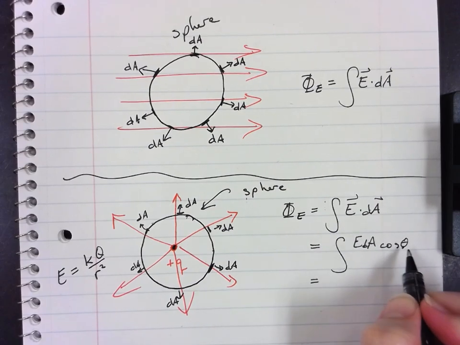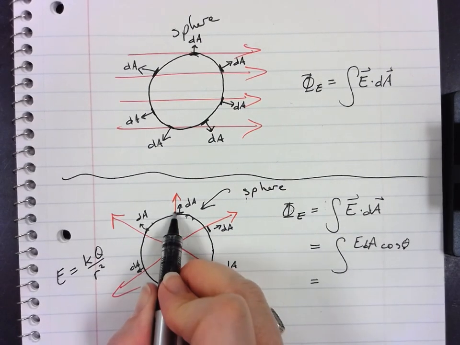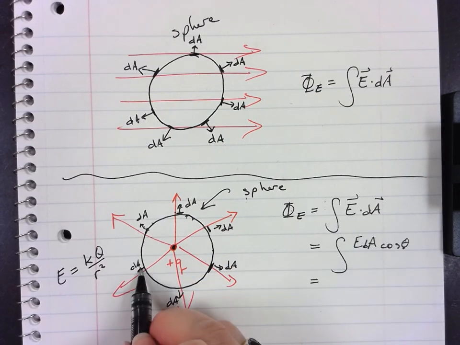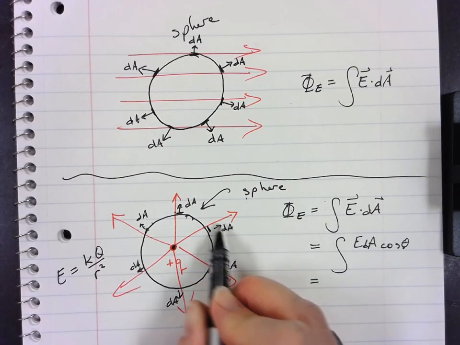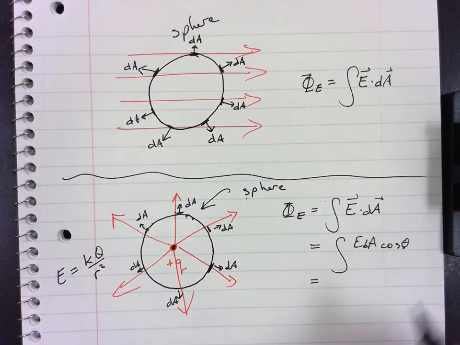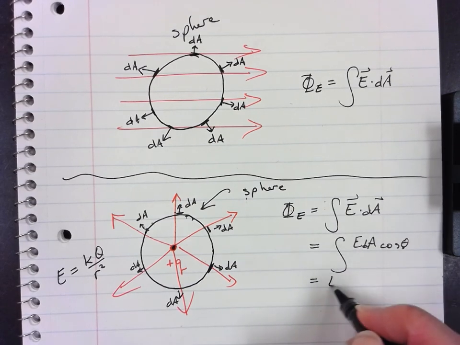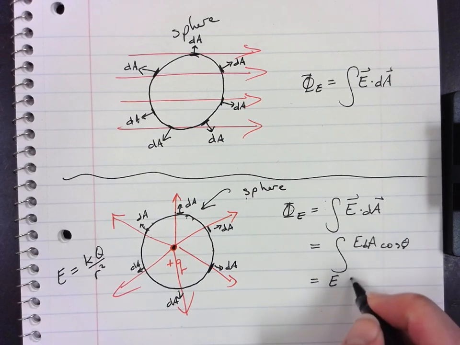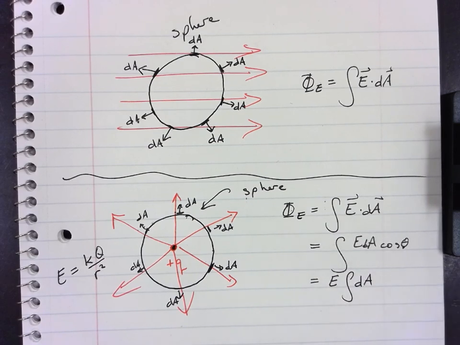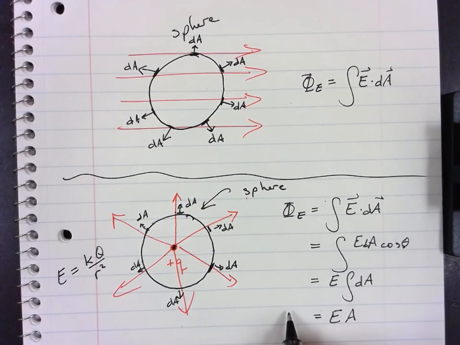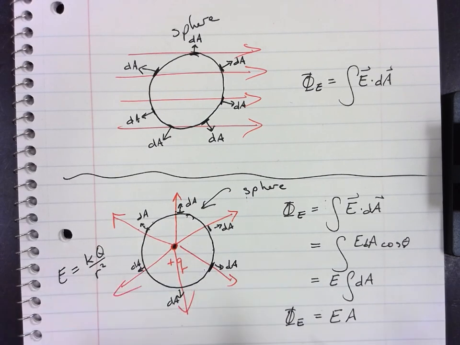Well, as I go around the sphere, the electric field and the little normal to the tiny area are always in the same direction. So I can pull the electric field out of the integral because it's a constant. And this is cosine 0, so it's 1. So I just get integral dA. Well, the integral of dA is itself. So the flux through this sphere is the electric field times the area of the sphere.